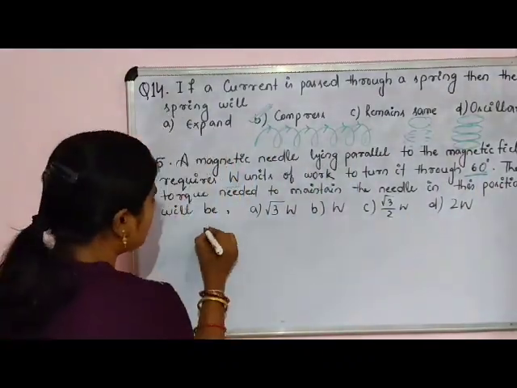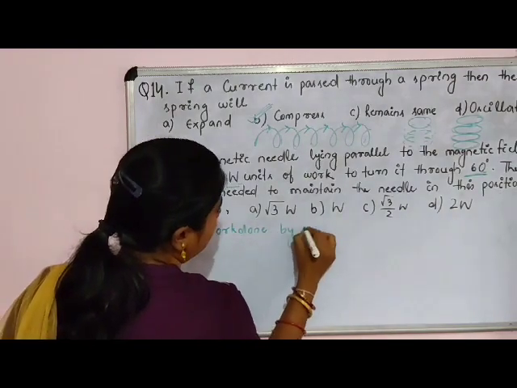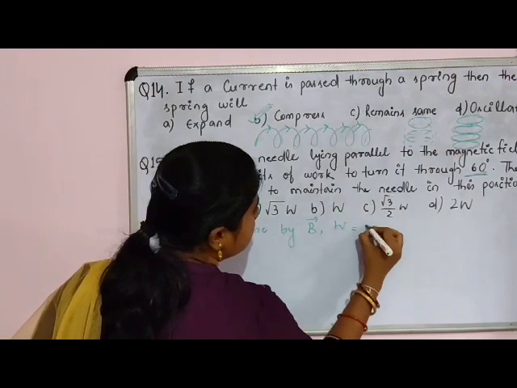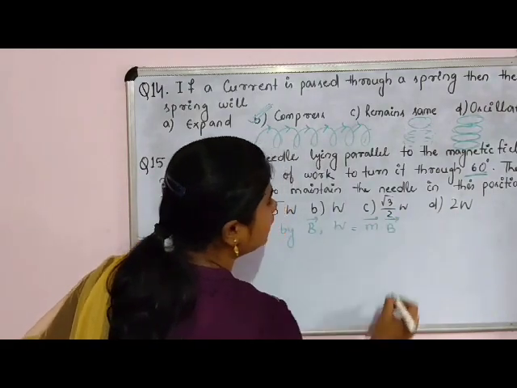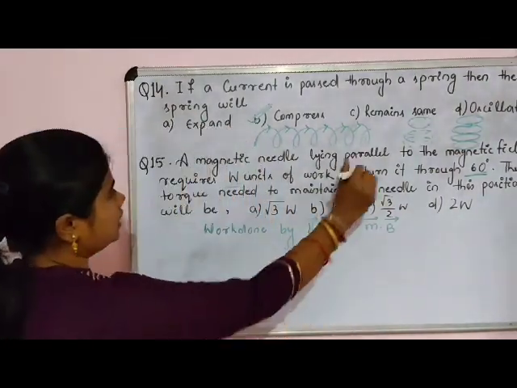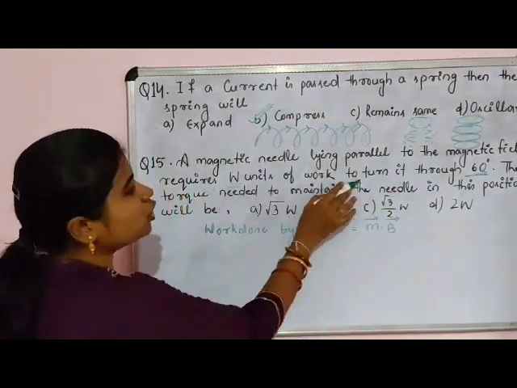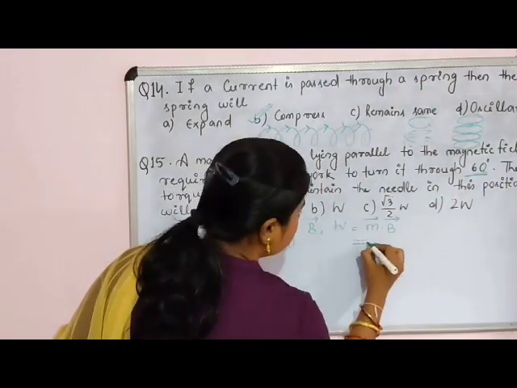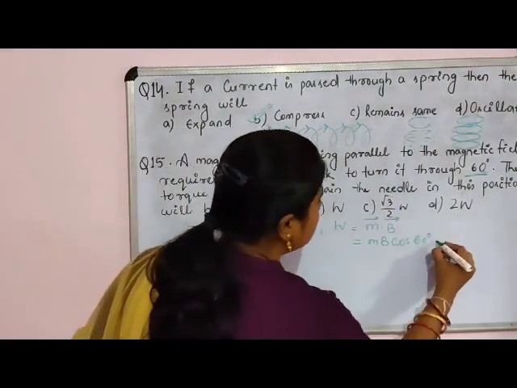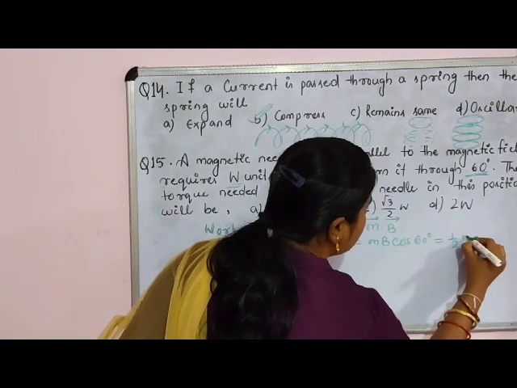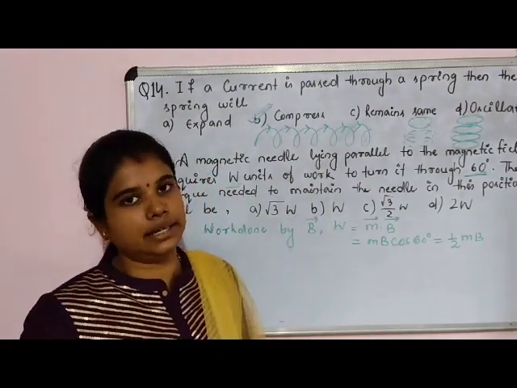That means the work done by the magnetic field we can write as M dot B, that means the magnetic moment dot the magnetic field vector. And since they are saying that W units of work are needed to turn it through 60 degrees, this will be equal to MB cos 60 degrees. Okay. So that is equal to half MB.